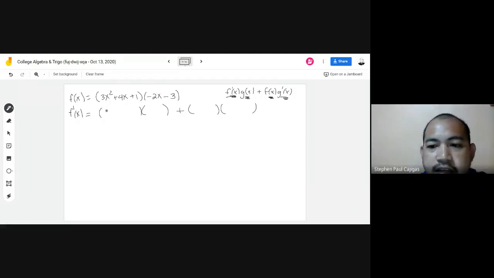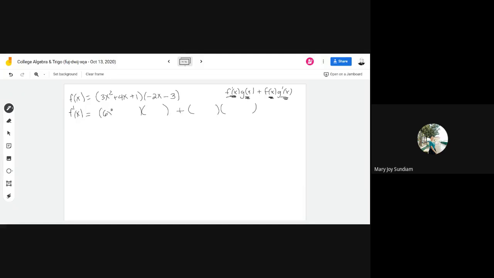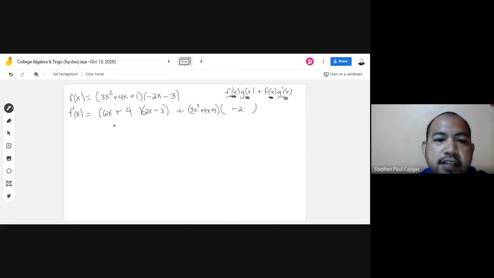Sir, 6x plus 4 minus 2x minus 3, tapos plus 3x squared plus 4x plus 1 minus 2. Alright, sige. Ma-expand hinin. So this will become minus 12x squared minus 18x minus 8x minus 12.